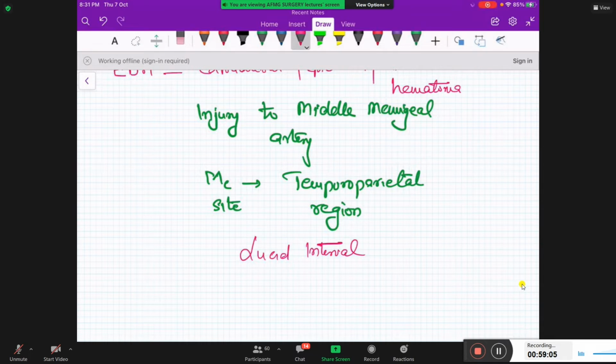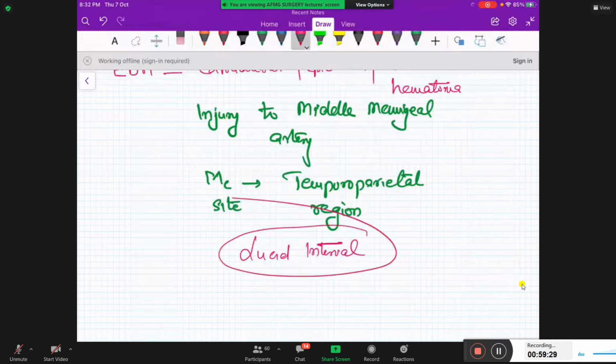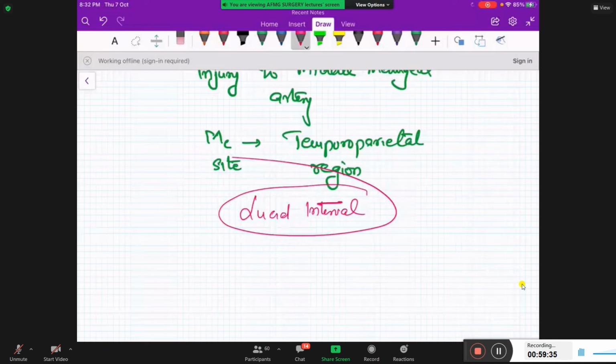Loss of consciousness first, regaining consciousness, and again going into loss of consciousness. This period of regaining consciousness between two episodes of LOC is called lucid interval. So, if lucid interval is told, you should think of EDH.